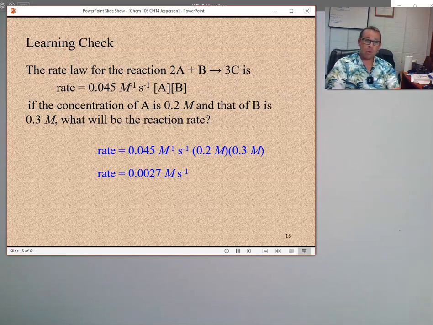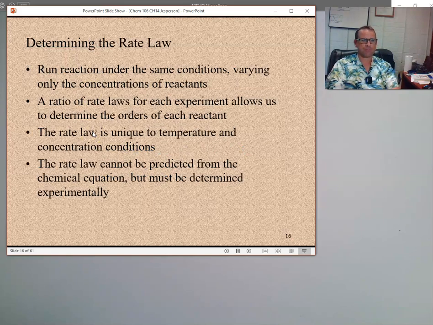So if I have this chemical reaction occurring at 20 degrees Celsius, it might have this rate law. But the rate law will change for a chemical reaction occurring at a different temperature, for example. So we have rate laws that are very specific to the given chemical reaction and the conditions.